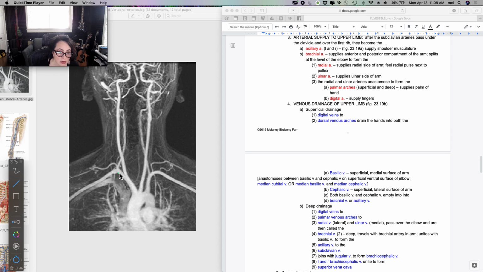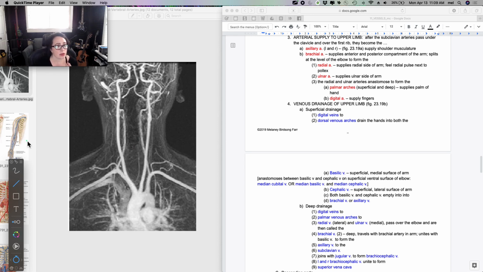This guy right here coming off of the subclavian and going back to the backside, that is the right vertebral, and then you can see all the left ones coming directly off of the aorta, the common carotid, branching into the internal carotid. The external carotid's going this direction, and then this guy tucking behind right there is the vertebral artery. So I think that one's really cool.